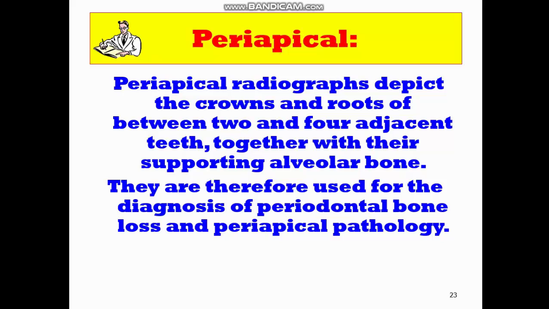Periapical radiographs depict the crowns and roots of between two and four adjacent teeth, together with their supporting alveolar bone. They are therefore used for the diagnosis of periodontal bone loss and periapical pathology.